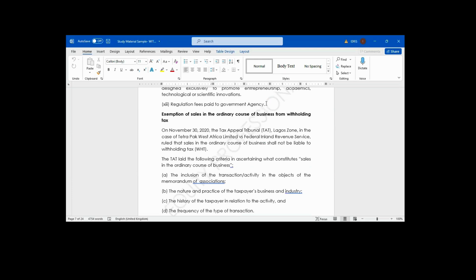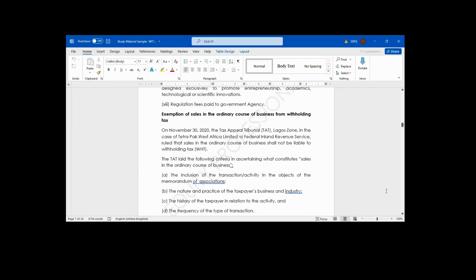Now, when we say direct purchase means sales in the ordinary course of business. What are the factors that constitute sales in the ordinary course of business? When can we say sales in the ordinary course of business take place? Number one, the inclusion of the transaction. That means the object of the transaction.